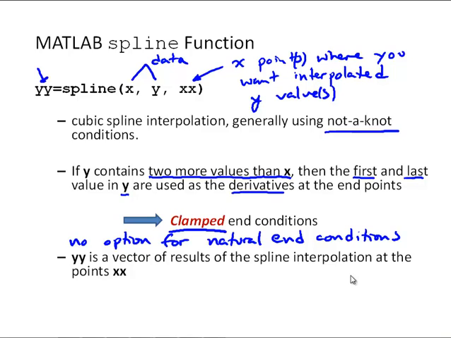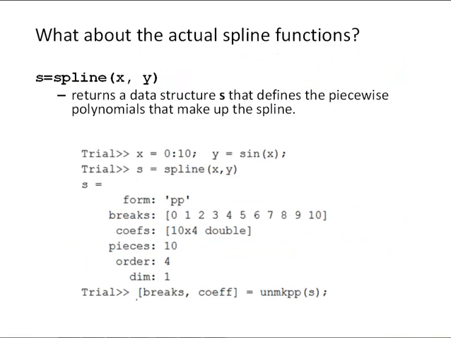Notice here we don't have an output of the spline coefficients, but there is another way to use the built-in spline function to calculate the spline coefficients. To do that, we just call the spline function again, but the key difference here is no x values to interpolate at.